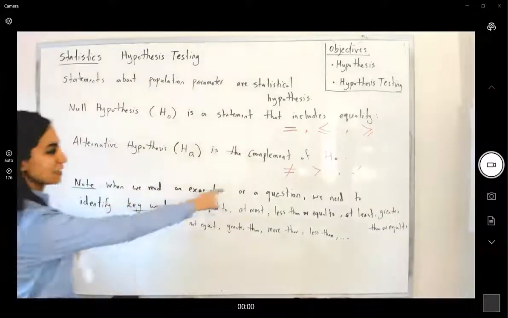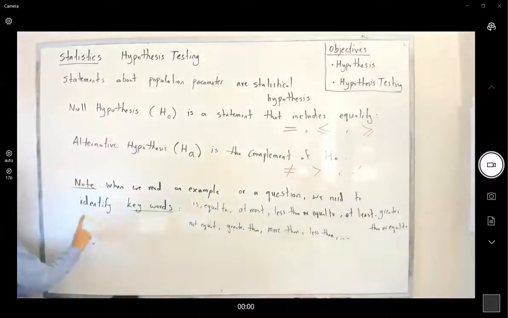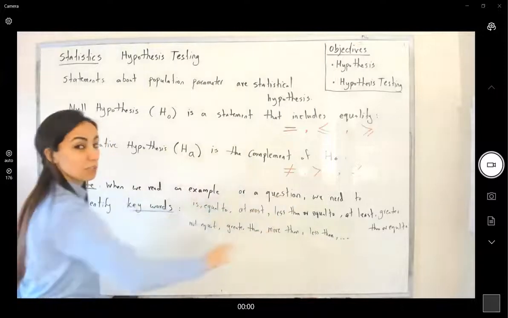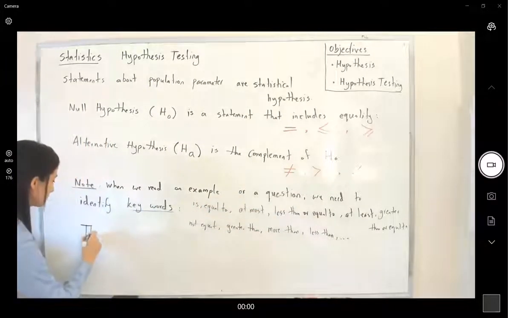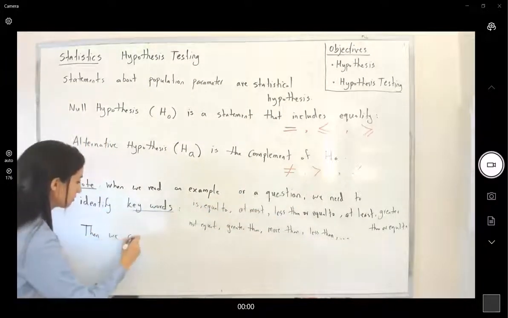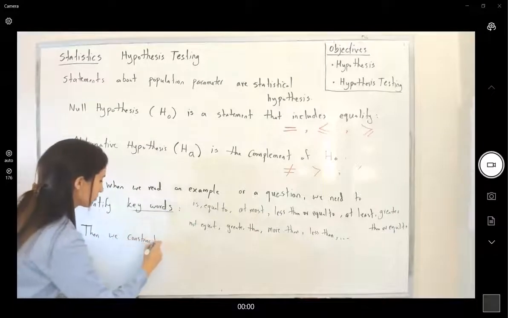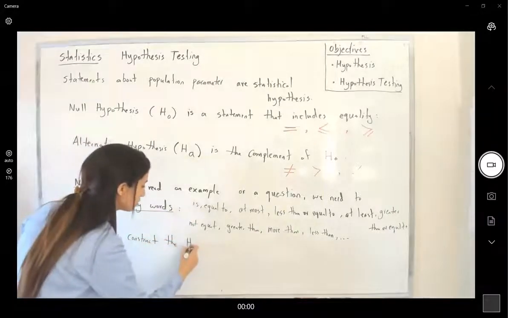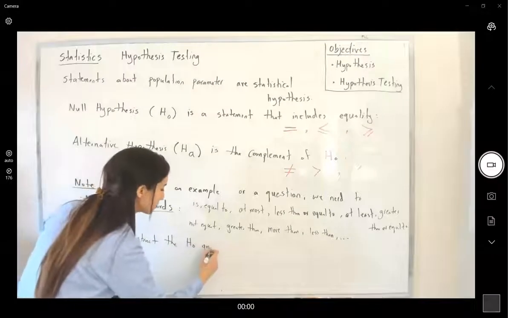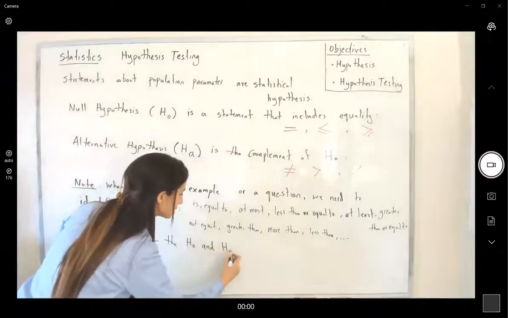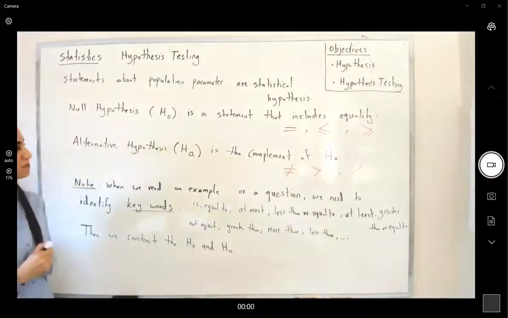So when you read an example or a question, we need to identify the keywords. These are the keywords. Then we construct either the null hypothesis or alternative hypothesis.